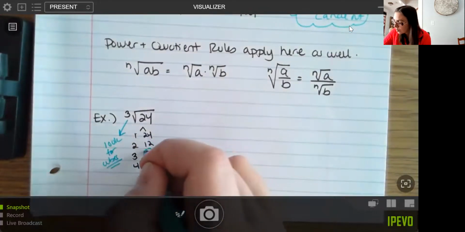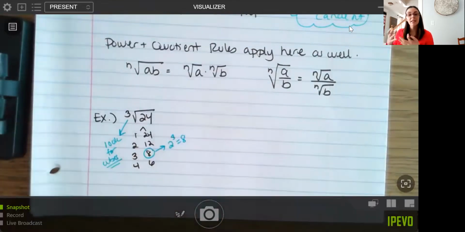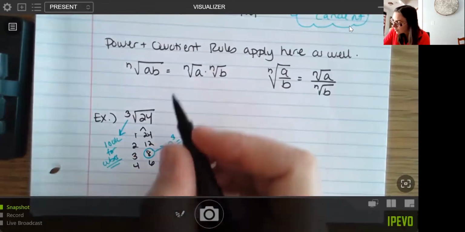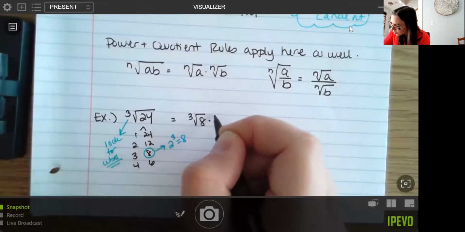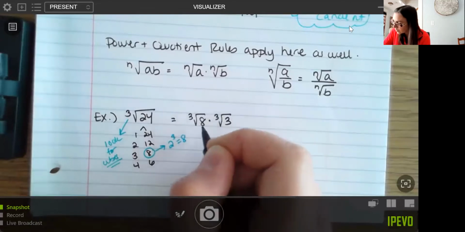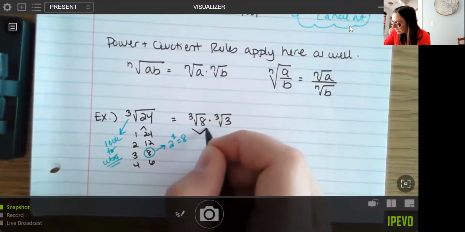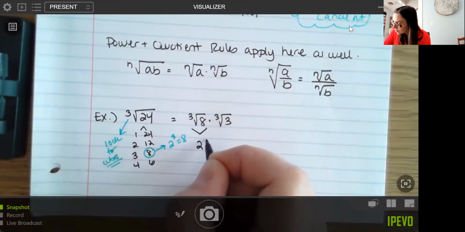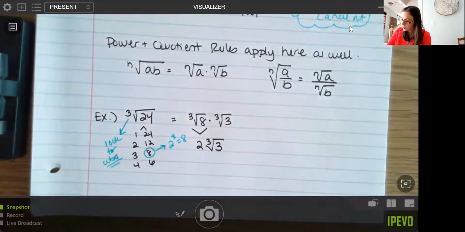And 8 is a cube, right? 2 to the third power is 8. So we're still going to simplify like we did with squares, but you're thinking about different powers now. So this becomes the cube root of 8 times the cube root of 3. 8 times 3 is 24. And then the cube root of 8 is 2. So you have 2 times the cube root of 3 as our final answer here.